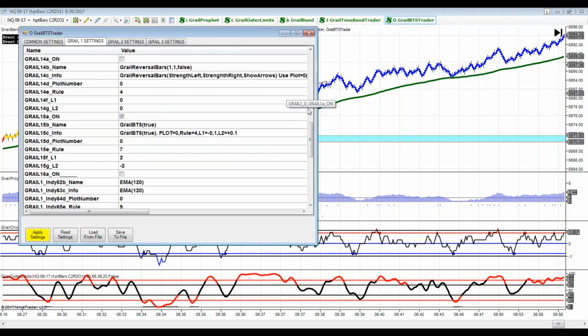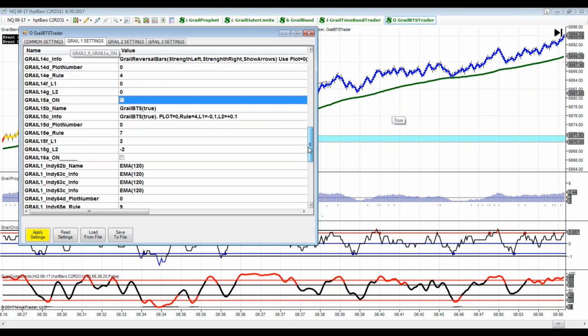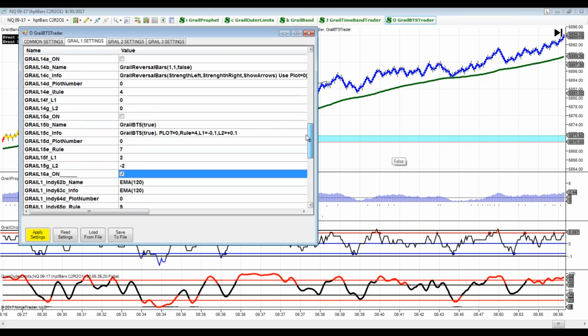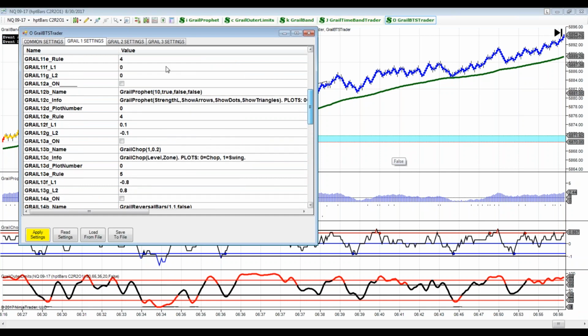My preferred setting on this, I will turn off the BTS. I will turn on the EMA. And I will turn on the profit. That's my preferred setting for Grail 1 on the Bts Trader.